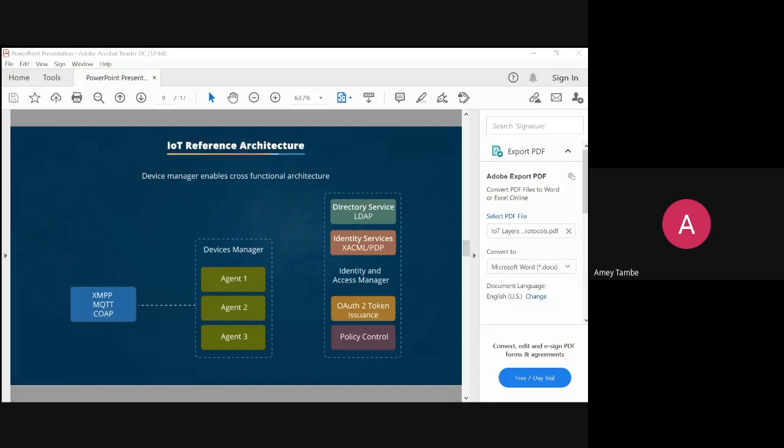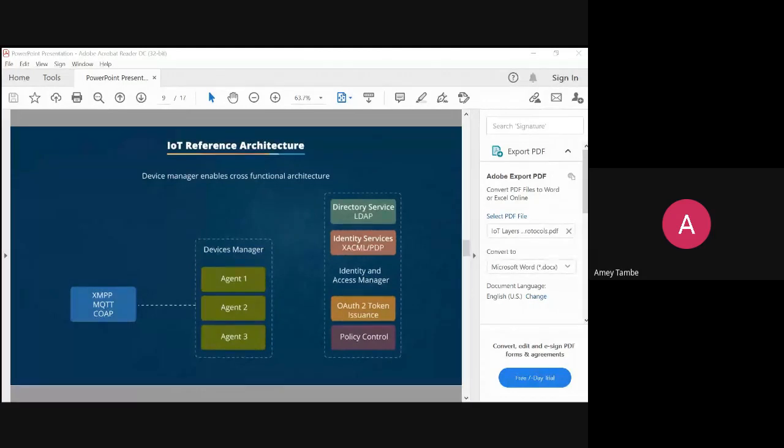Now, furthermore, if you want to have IAM on some kind of service level, then you can configure LDAP, or you can have identity services called XACML or PDP. These services are running on a port level, or we can say on a service level.